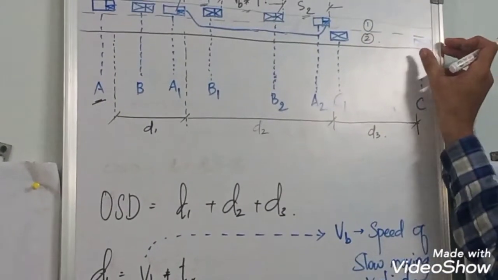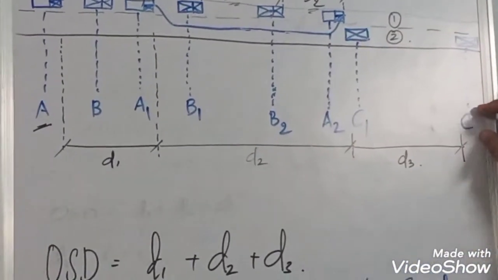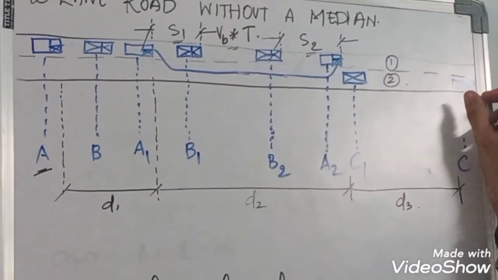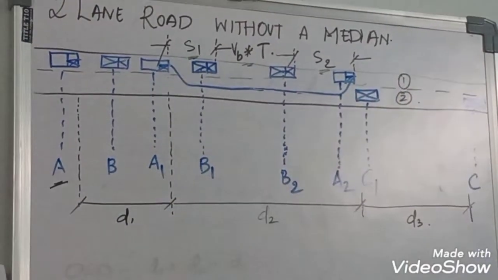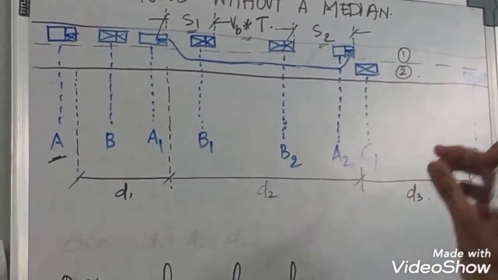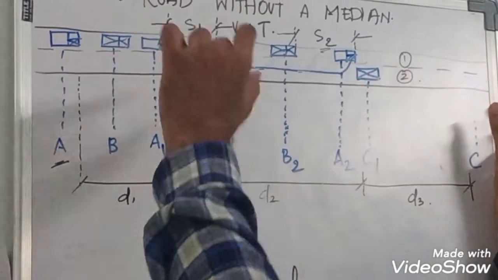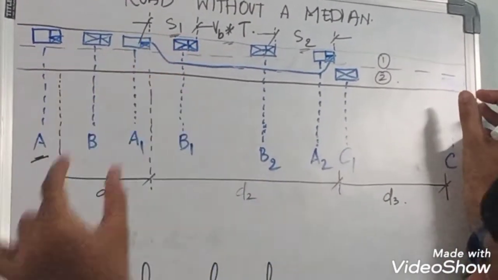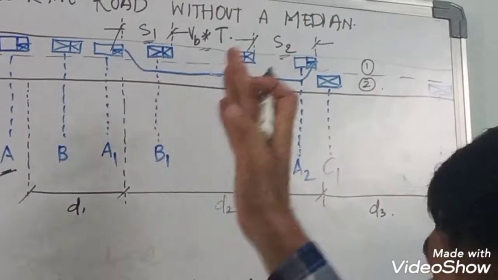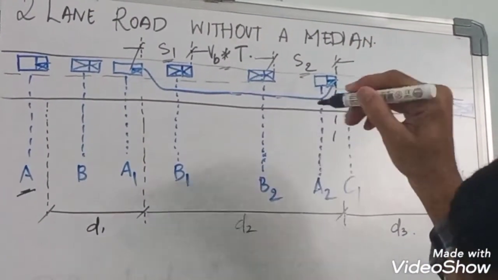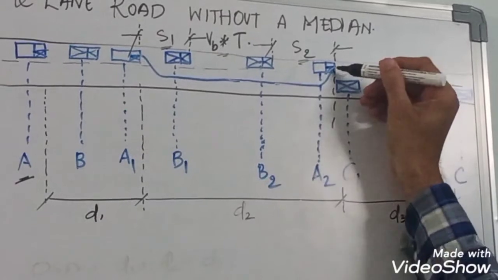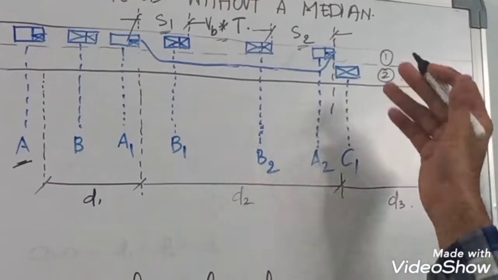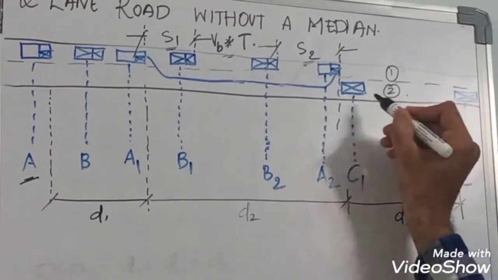Now look over here. Vehicle C appears at some point. Say the position we call it as C. It is moving at a design speed. It is reaching a certain point. Now, what is the worst case scenario? It is appearing when vehicle A started to overtake. So this point started to overtake, and it is sharing the same line, front to front line, with A. So it is moving a certain distance.